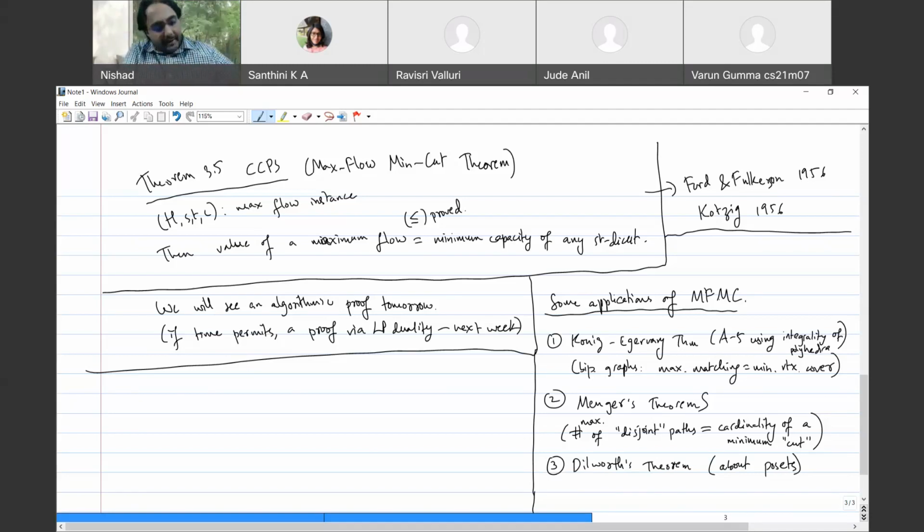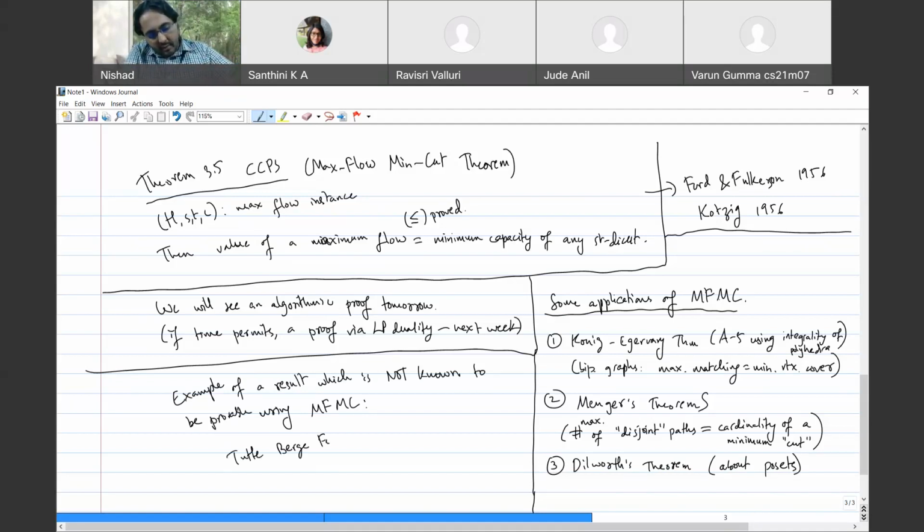So an example of a result which is not known to be provable using MaxFlowMinCut is the Tutte-Berge formula.